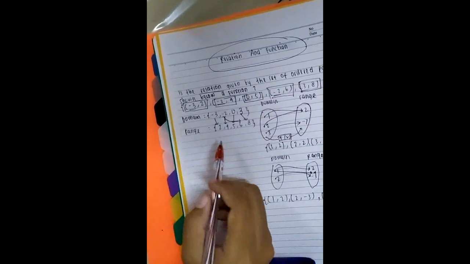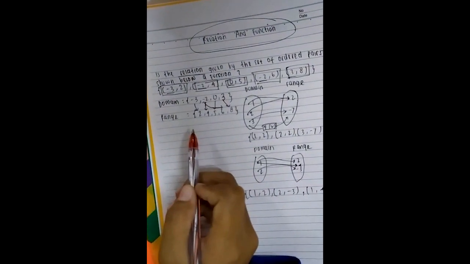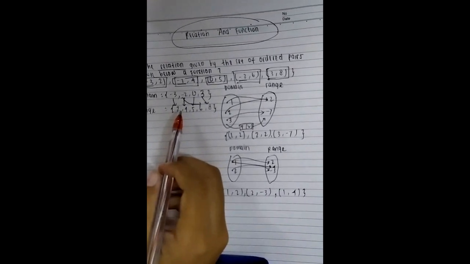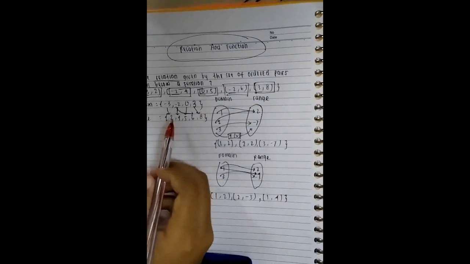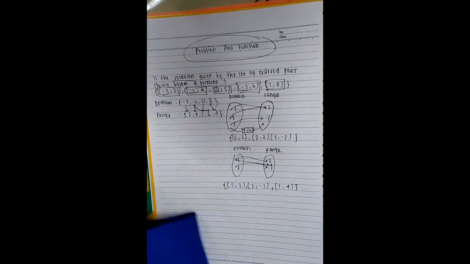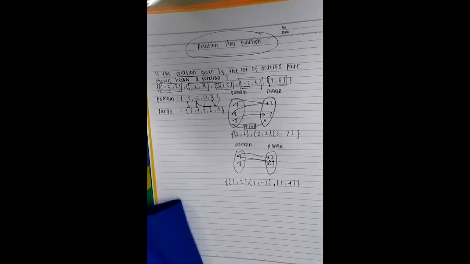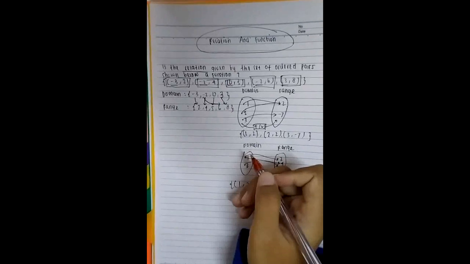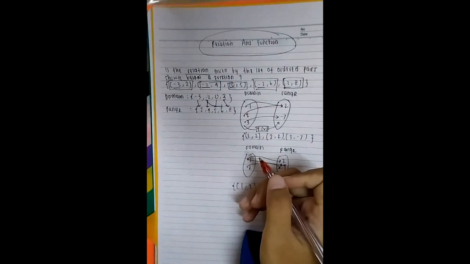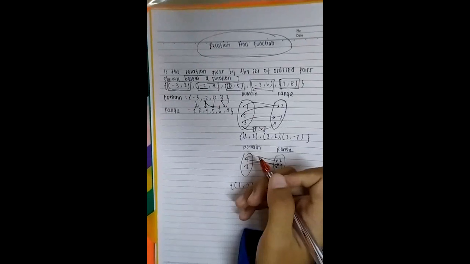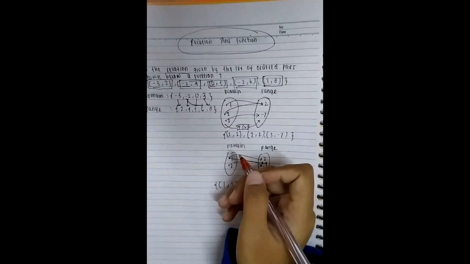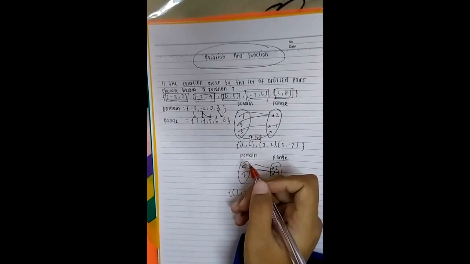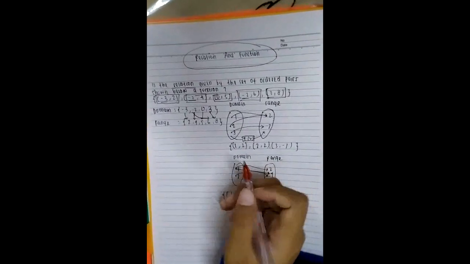So the question here is, is this a function? For it to be a function, for any member of the domain, you have to know what it's going to map to. It can only map to one member of the range. So if you put -3 as the input into the function, you know it's going to output 2.